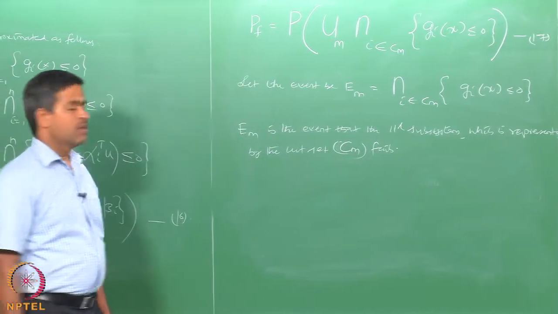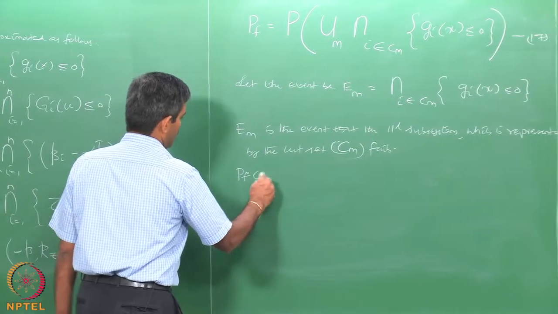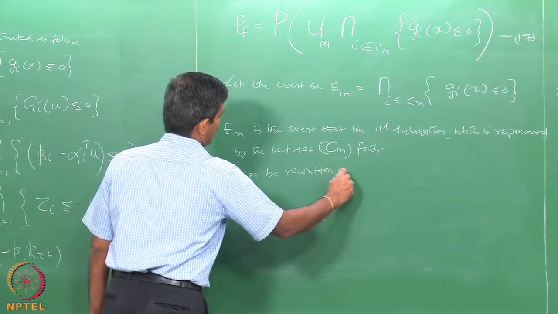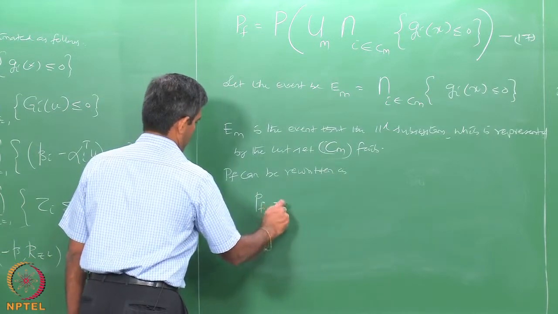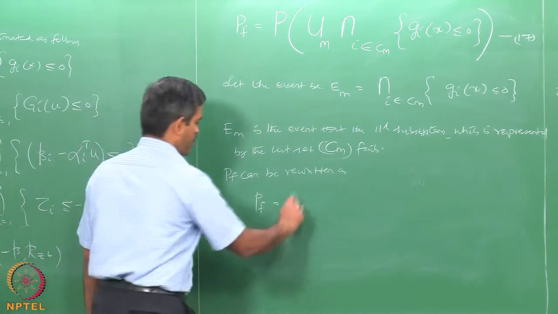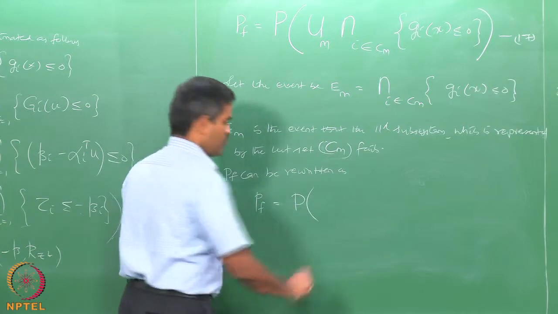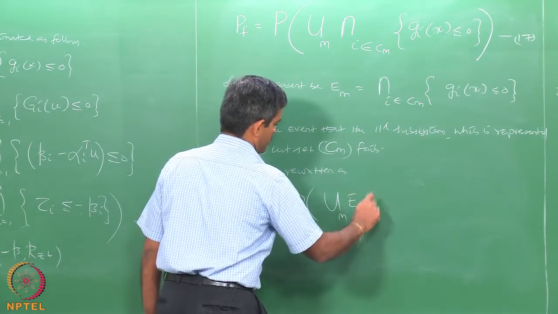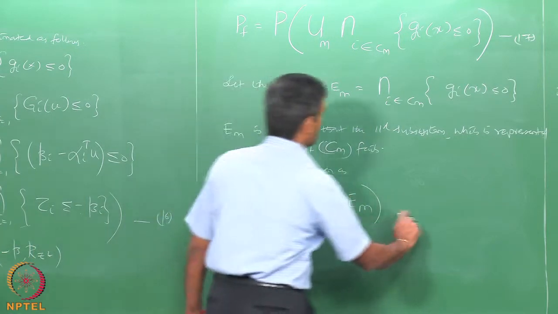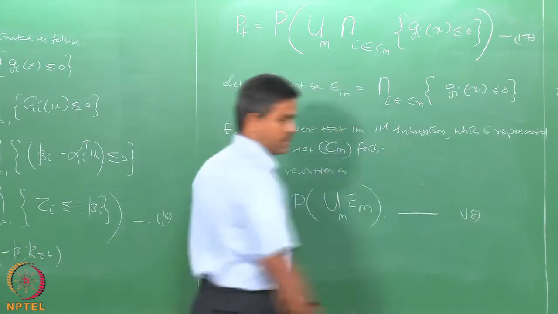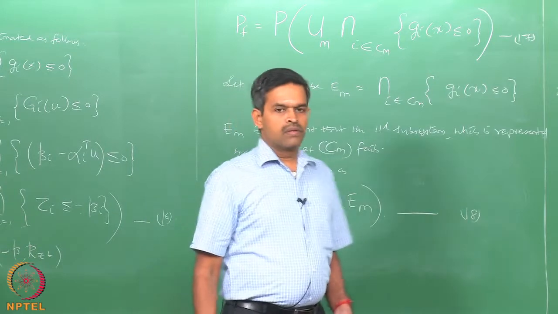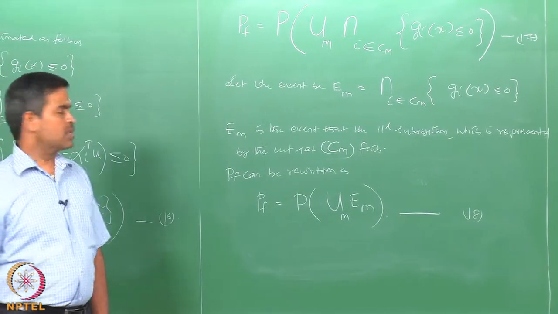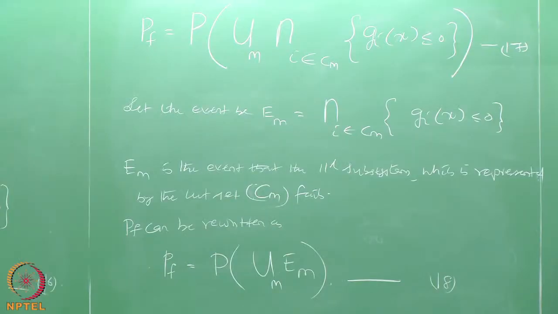Okay. Therefore, probability of failure can now be rewritten as probability of union of E m. Equation number 80. So, as per the inclusion exclusion of set theory, one can derive the following statements.